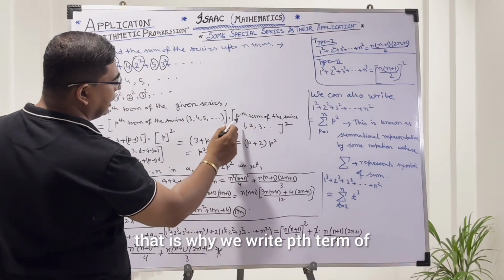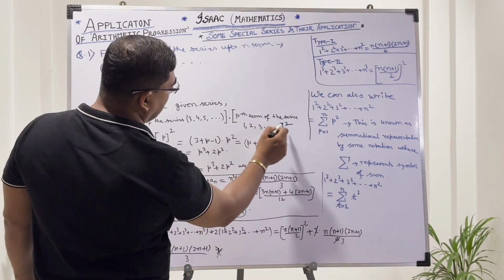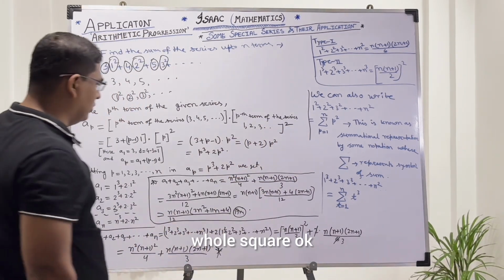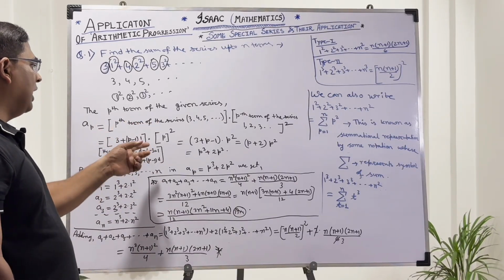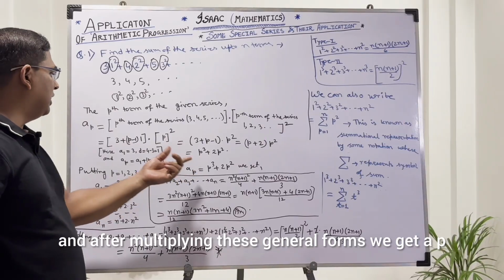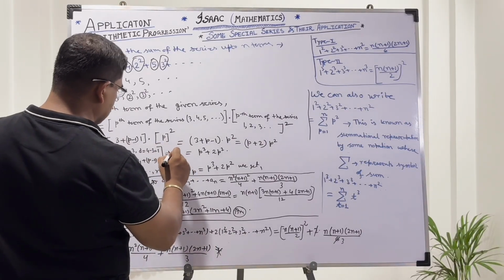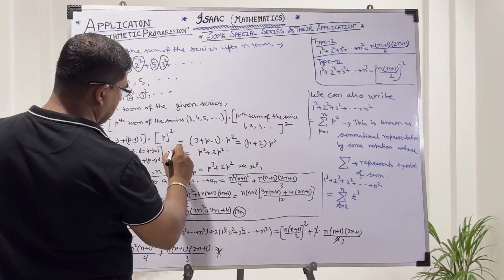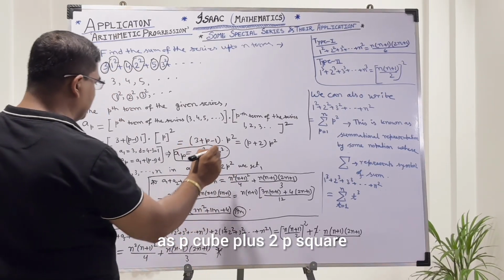That is why we write pth term of the series 1, 2, 3 whole square. Okay, and then after multiplying these general forms, we get the pth term of the series as p cube plus 2p square.